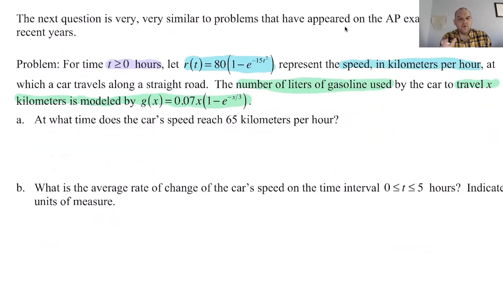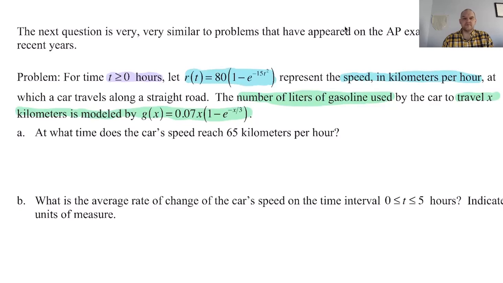So at what time? This is a really common thing that they do on the free response questions, the FRQs: they'll ask you a couple of questions that make you really think about the functions you're given. They're not even necessarily calculus problems exactly; they're more like, did you read type problems. So at what time does the car's speed reach 65 kilometers per hour?